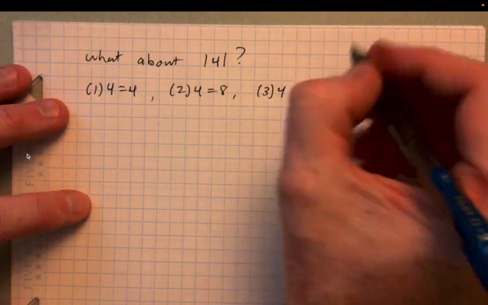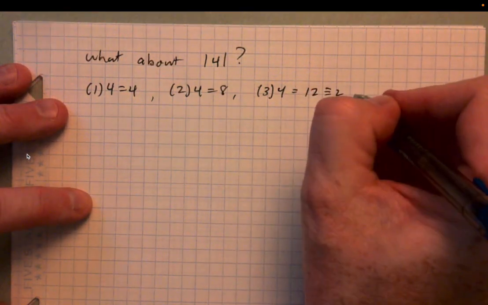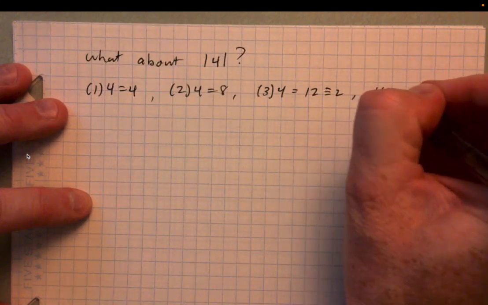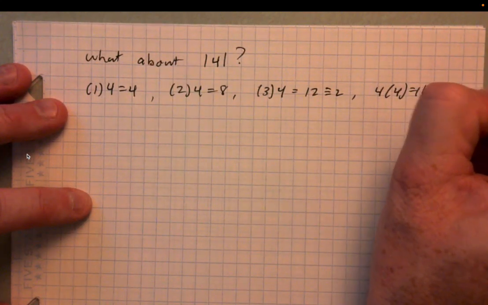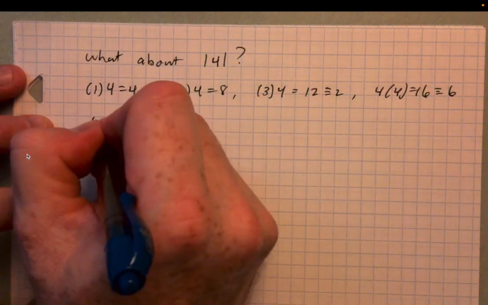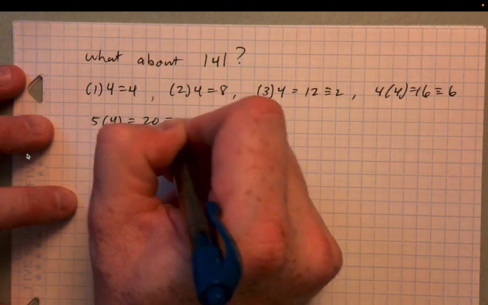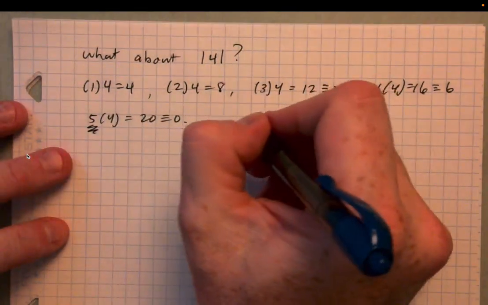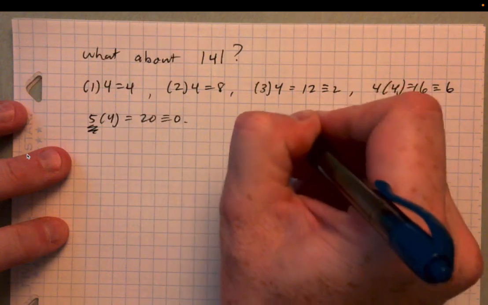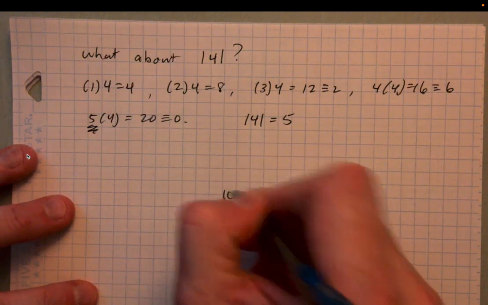Now 12 is congruent to 2, mod 10, right? And then we would say 4 times 4, that's 16, which is congruent to 6 mod 10. How about 5 times 4? That's 20, which is congruent to 0. Right? So again, here we'll go to 5. Right? So the order of 4 is equal to 5 because I have to do it 5 times to get to my 0. So let's see what that looks like visually here.